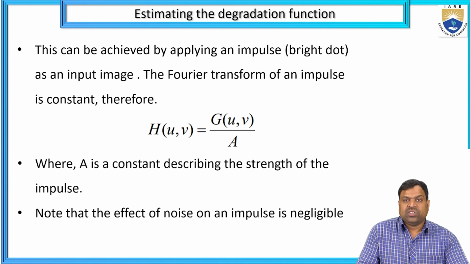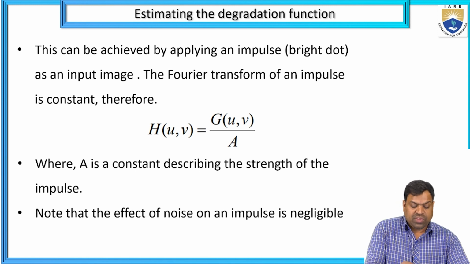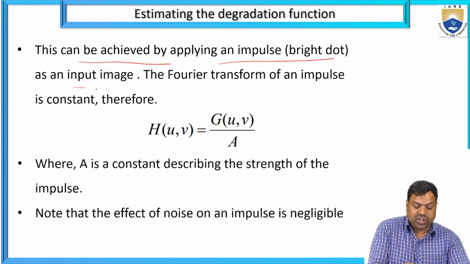So this can be achieved by applying an impulse, that is a bright dot in an image. The Fourier transform of an impulse is constant. Therefore, H of u comma v equals G of u comma v by A. So it can be achieved by applying an impulse or bright dot as the input image.